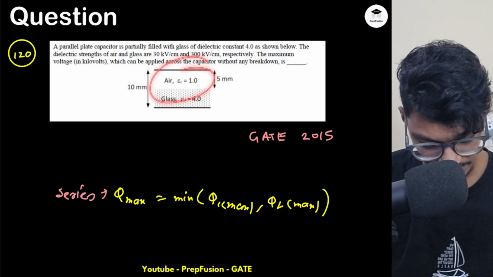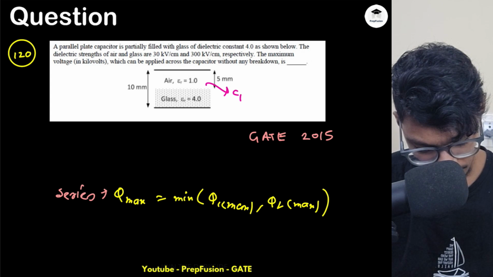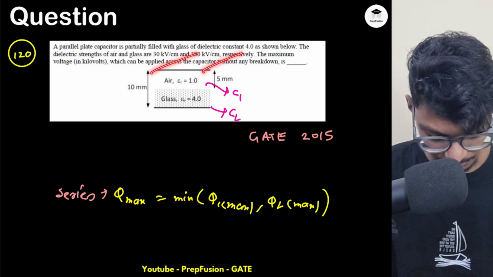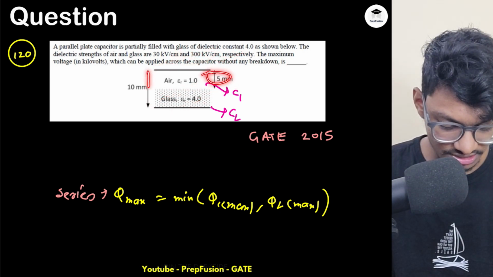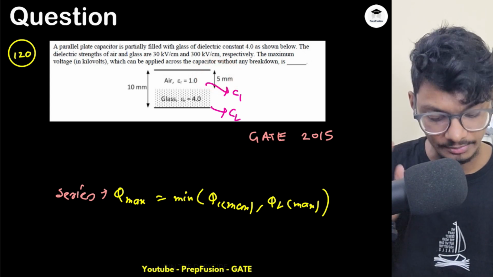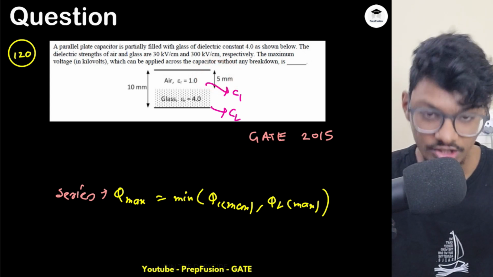So what is Q1 max basically? I will take this as C1 and this as C2. Here the area is the same for both of the dielectrics, just the distance between the plates has changed. Distance for this is 5 mm and distance for the other one is also 5 mm. Correct. So I will just find out Q1 max and Q2 max, right?